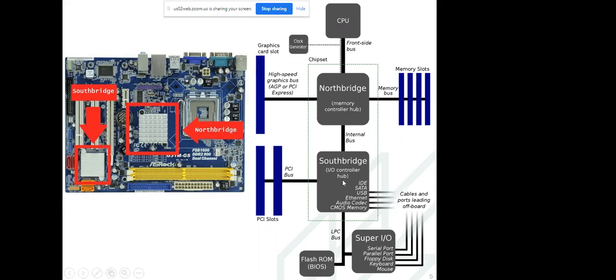And do you know what this battery is? We call it the CMOS battery. The CMOS battery's work is to maintain your date and time when your system is off.